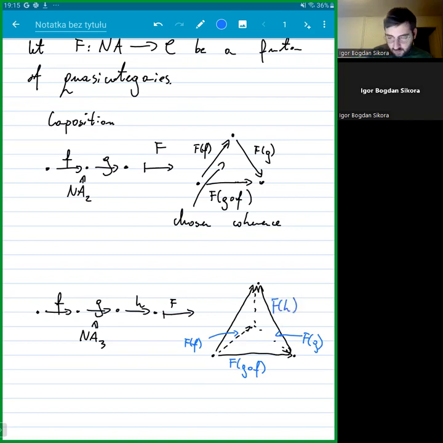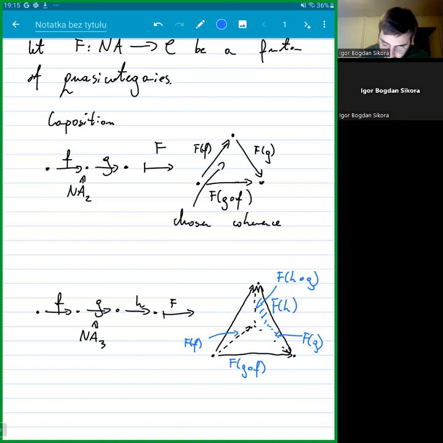Now, over here we have a two simplex, which will find a witness for composing F of g and F of h. So this edge over here will be F of h composed with g. Now we have the bottom simplex, we have the rightmost simplex. So now let's look at the leftmost simplex.